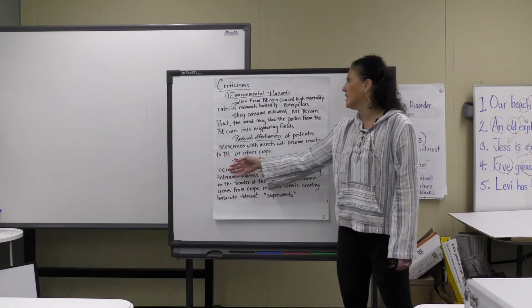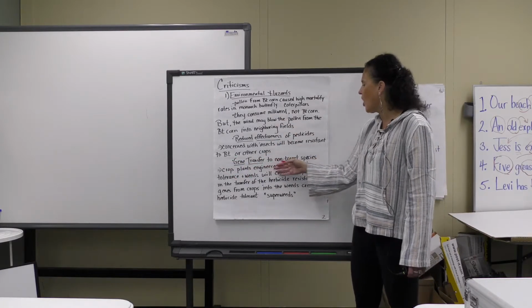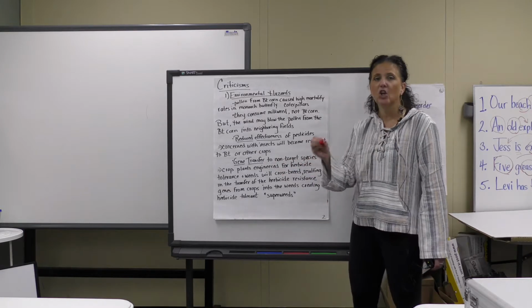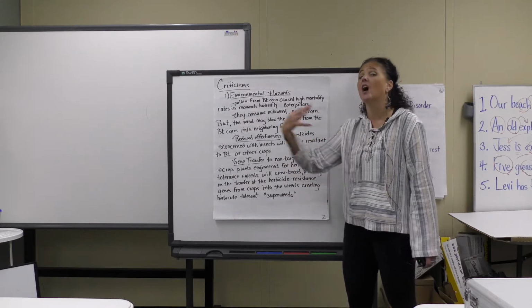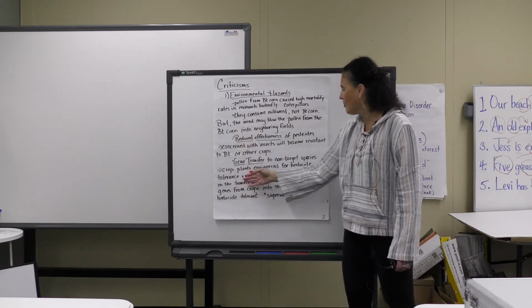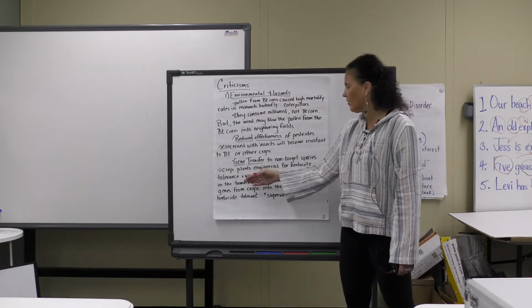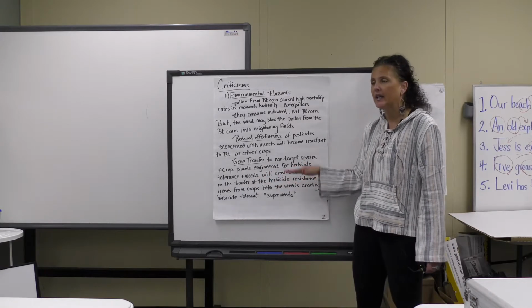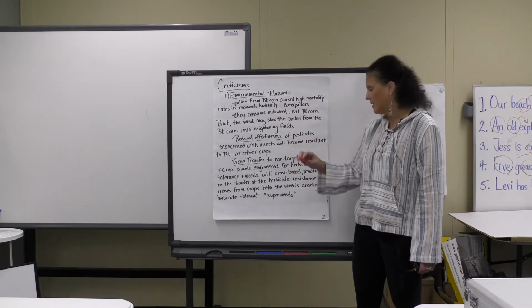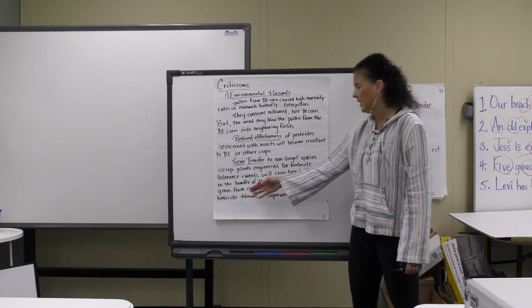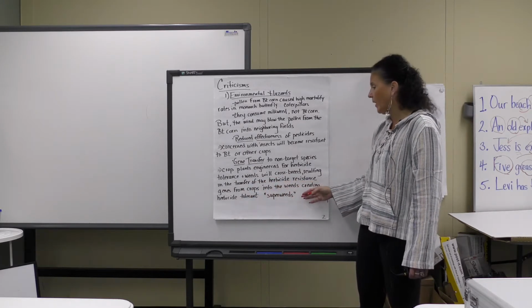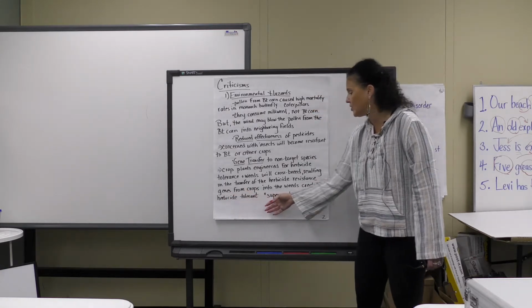Gene transfer is another hazard to non-target species, meaning not the species that we're using. We're getting these gene transfers in other species. These crop plants are engineered for herbicide tolerance, and the weeds will crossbreed, meaning they will breed with other organisms, resulting in the transfer of those herbicide-resistant genes from the crops into weeds, creating herbicide-tolerant superweeds.